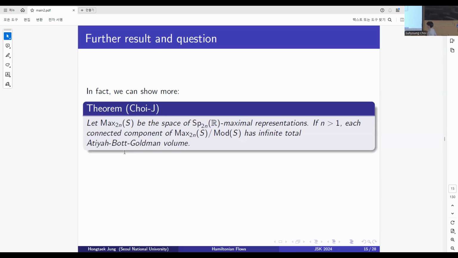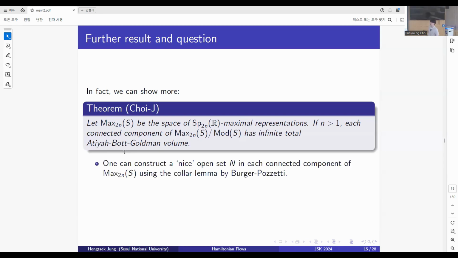And of course, it's not obvious, but the mapping class group also acts on this space of maximal representations. So we can form this moduli space. And unlike the Hitchin component, this space is not connected. It has various components. And you take any connected component of this space. If n is bigger than or equal to 2, then each connected component has infinite total Atiyah-Bott-Goldman volume. That's our theorem, another theorem.